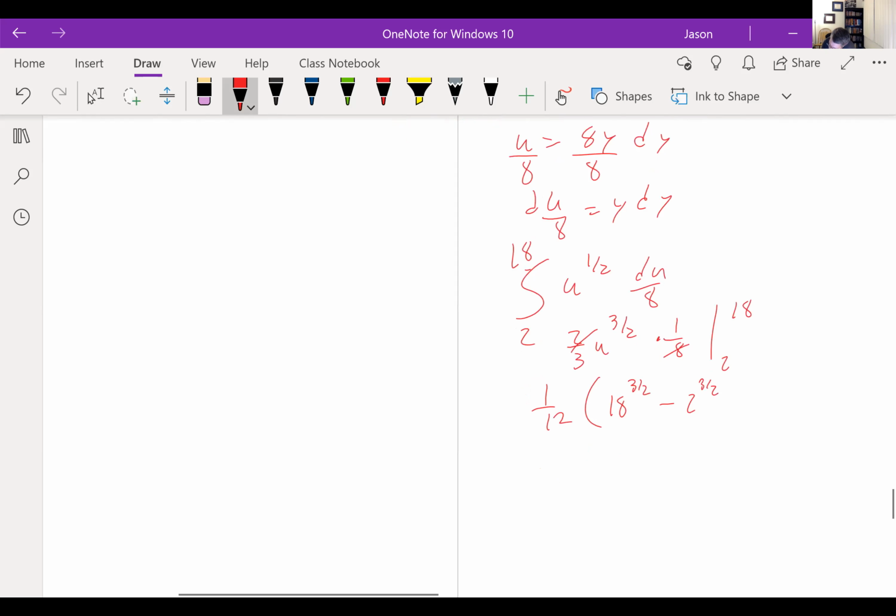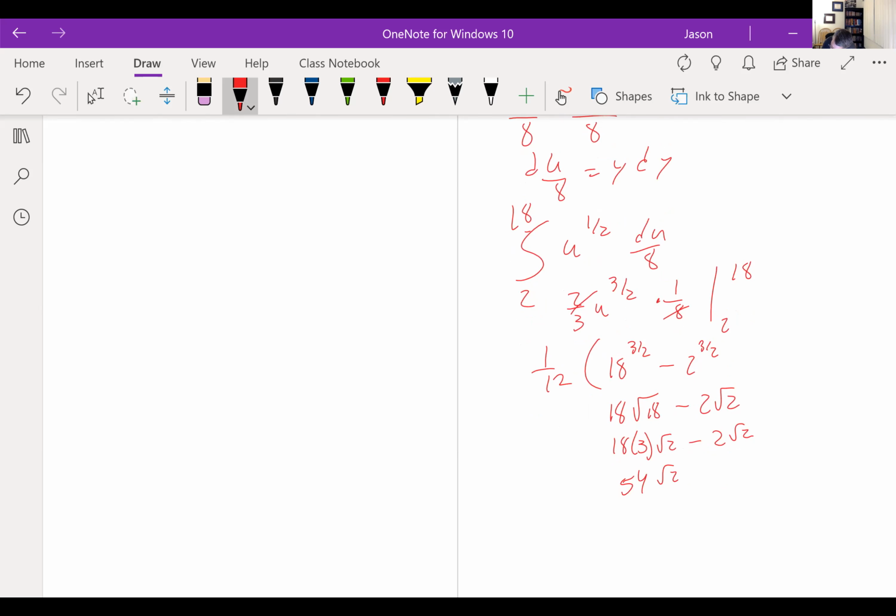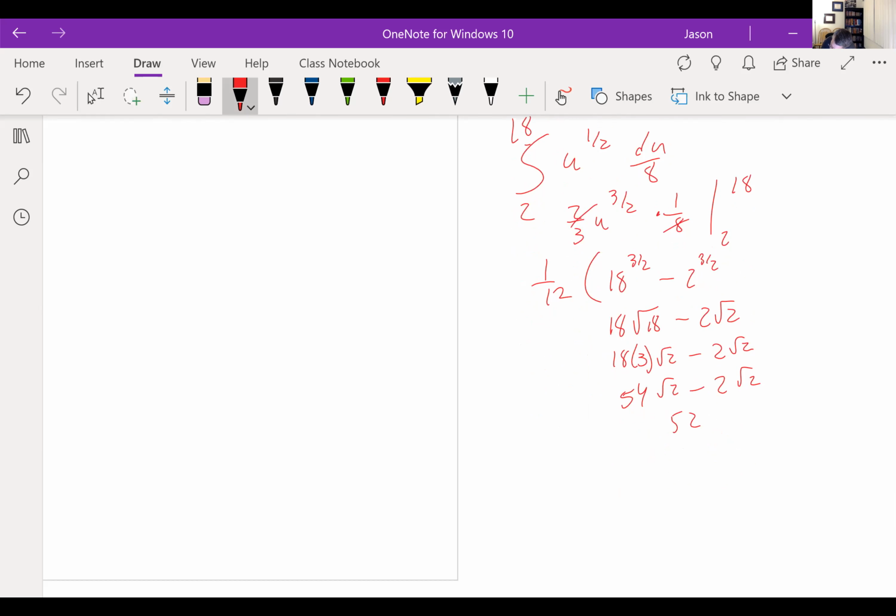So this is 18 radical 18 minus 2 radical 2, which is 18 times 3 radical 2 minus 2 radical 2. That's 54 radical 2 minus 2 radical 2 is 52 radical 2 over 12, which divided top and bottom by 4 is 13 radical 2 over 3, I believe.